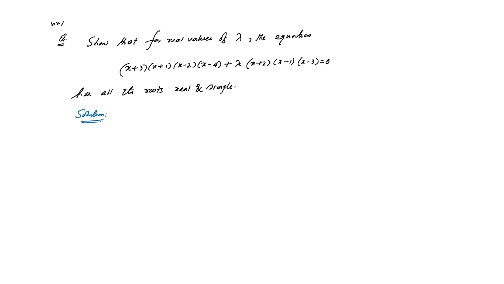Now we come to the solution. So what is f(x) here? Here, let f(x) be (x+3) into (x+1) into (x-2) into (x-4) plus lambda into (x+2) into (x-1) into (x-3).